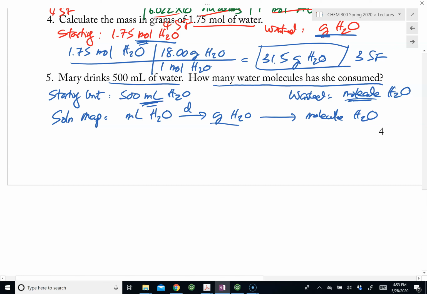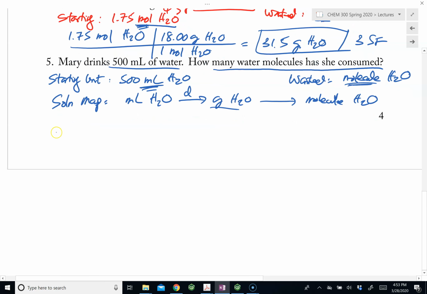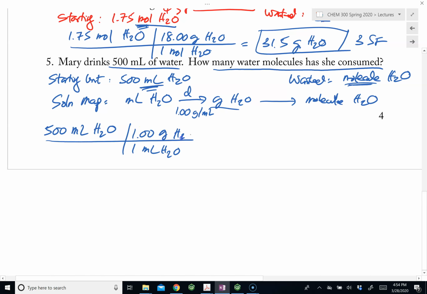And how we will set this up is as follows. Starting from 500 milliliters of water. The density of water is 1.0 gram per milliliter. So we have to utilize that density right there to be able to convert from milliliter into gram of water. And now we can see 1 milliliter of water would weigh 1.00 gram of water.